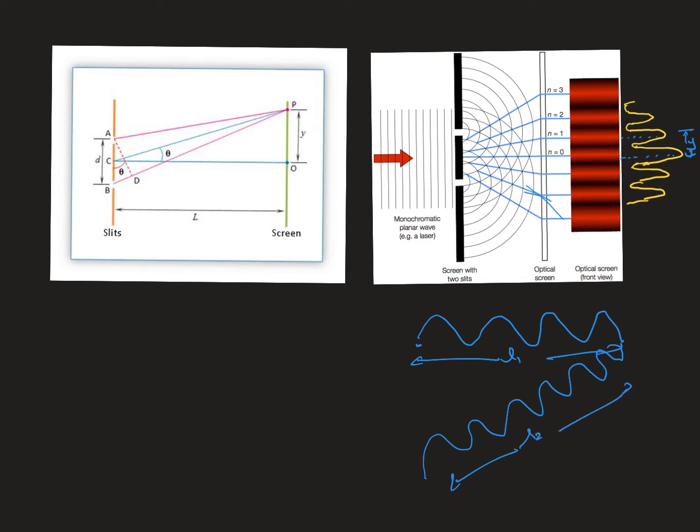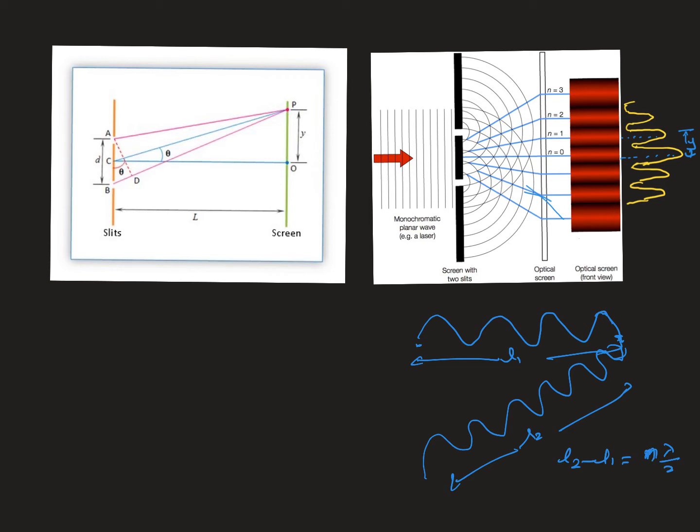And if you look at this, the path lengths are meeting at this point. That means they are destructively interfering. If you look at the corresponding point, there's a peak here and there's a peak here. So the path lengths are different, so L2 minus L1 is a multiple of lambda.